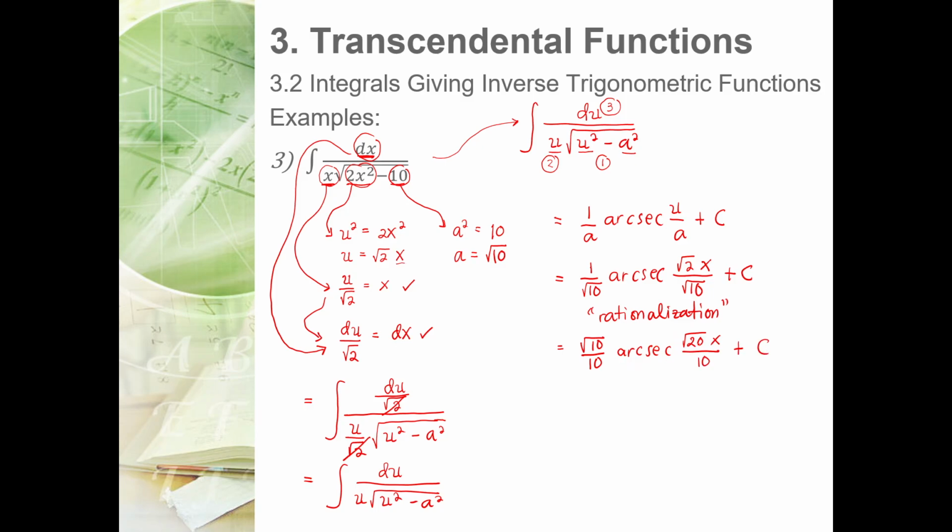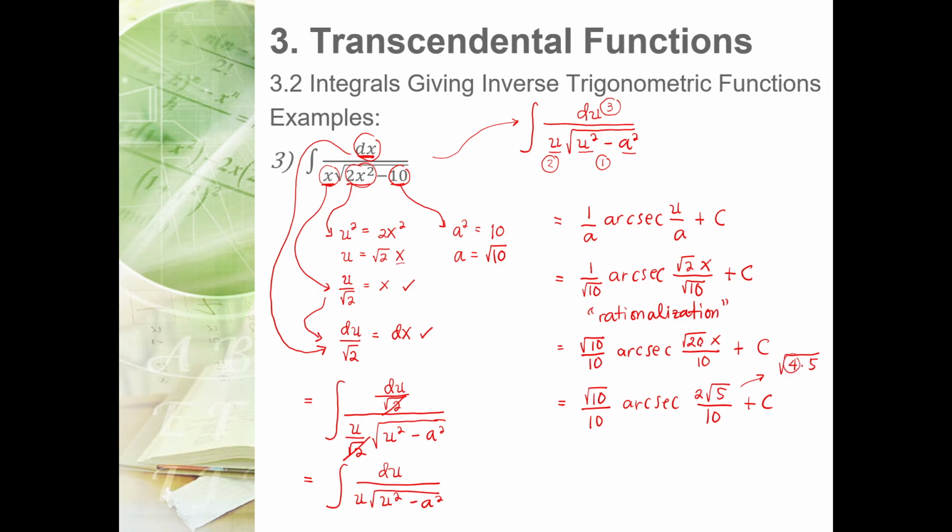So notice in the angle we can still simplify your square root of 20. So this becomes 2 square root of 5 all over 10 plus c. Again, this one is 2 square root of 5 because we have 4 times 5. Since 4 is a perfect square, we take it outside the radical.